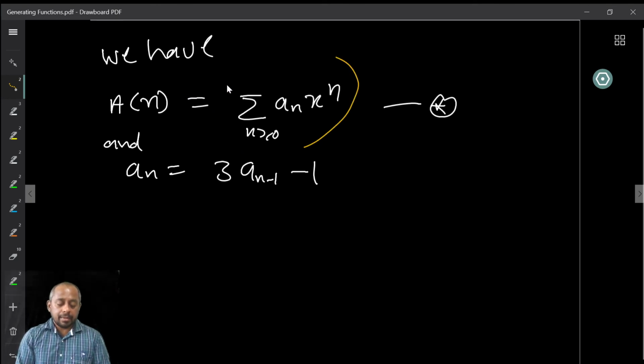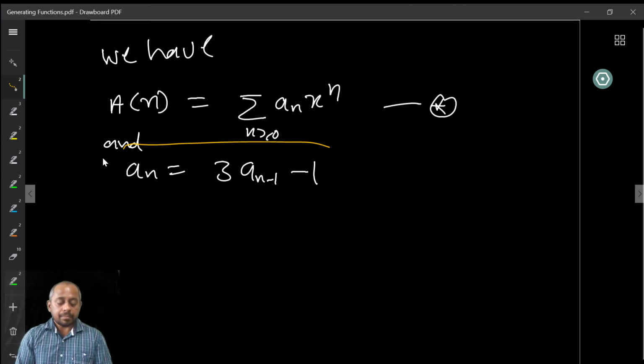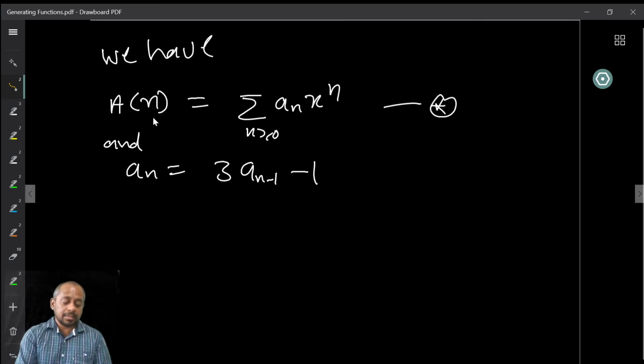I'm going to convert this recurrence relation and write another equation so that I can solve at least this.